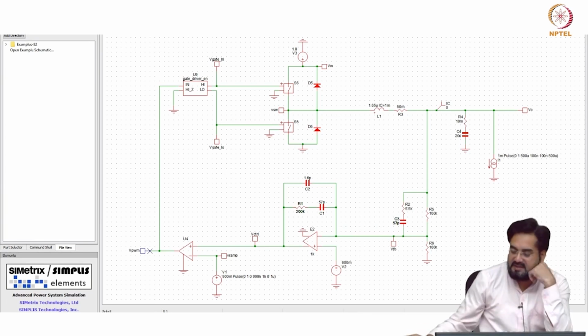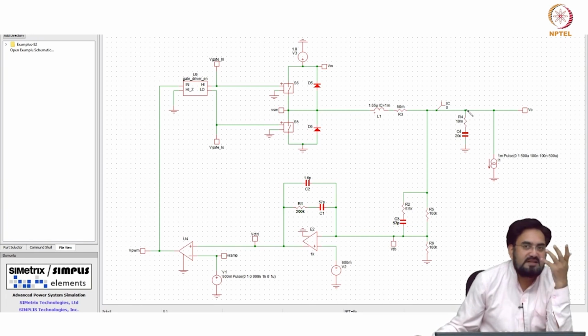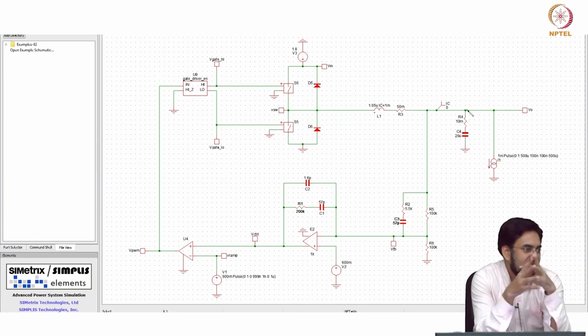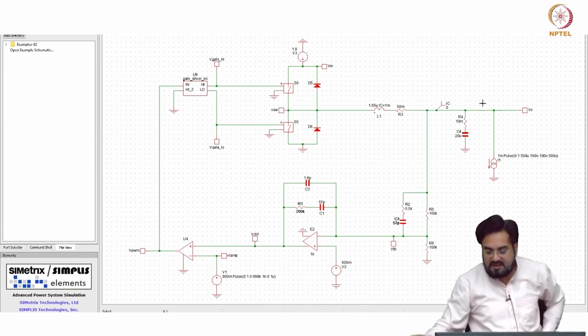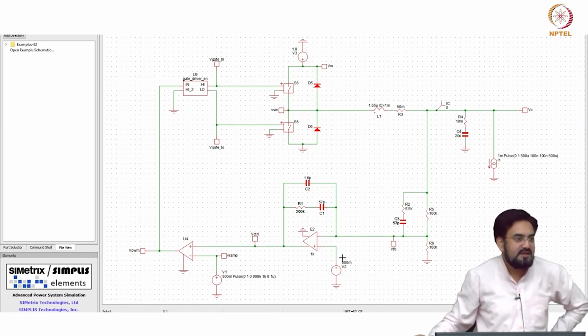Okay, so let us say PWM is at 1 megahertz, and I have a ripple injected at this output at, let's say, 1.01 megahertz, which means 10 kilohertz higher. What would happen? 1.01 megahertz is still very high, okay.